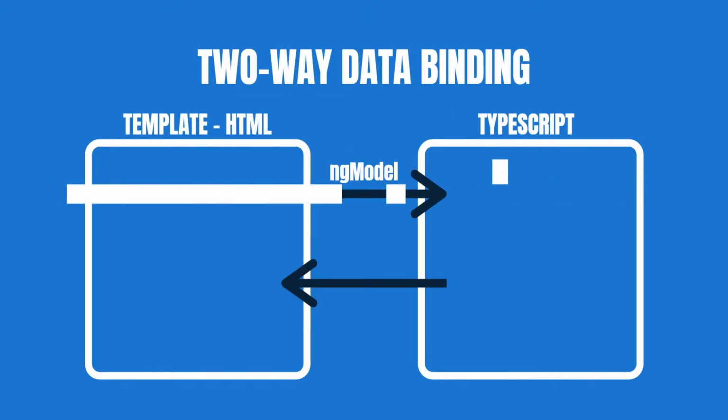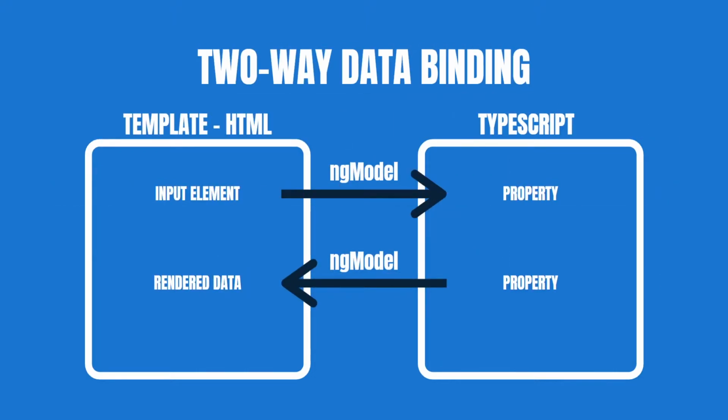To add two-way data binding, we use something called NgModel. In this example, you can see that on the HTML side we have our input field. With NgModel, we are binding the input field to our property, and that same property we could bind later to our rendered data. We don't need to do that.